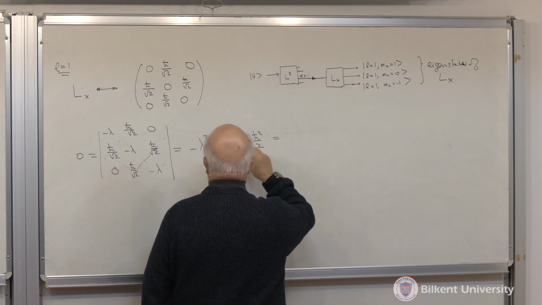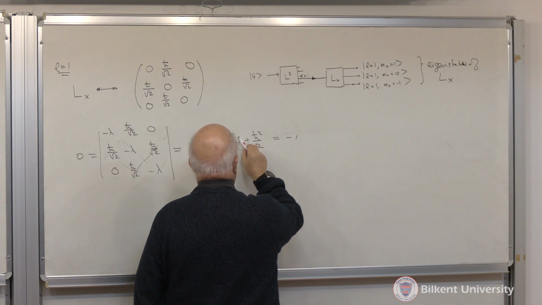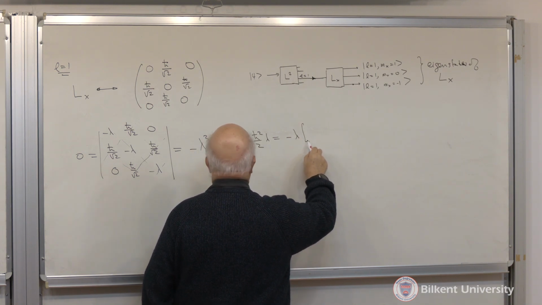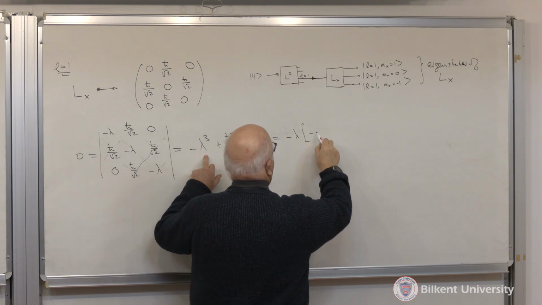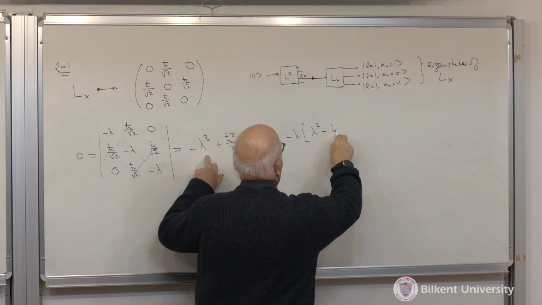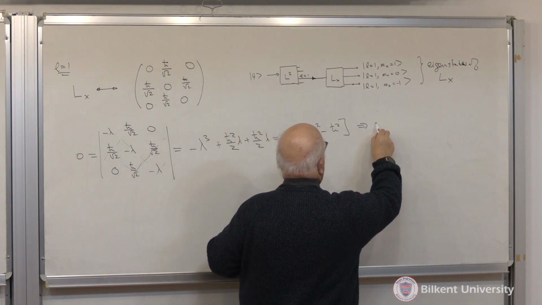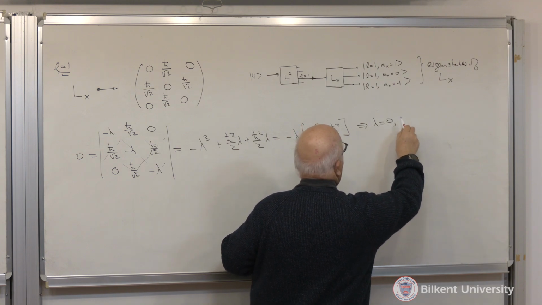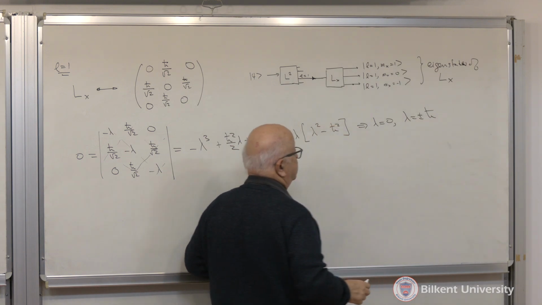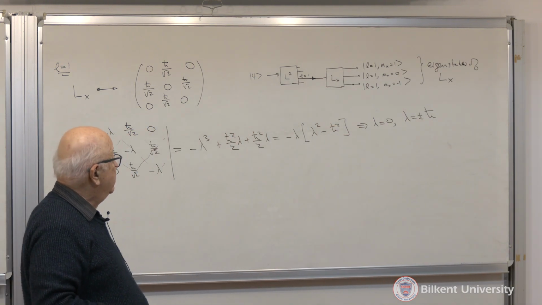If I factor out a minus lambda from all of this, I get minus or plus lambda squared minus h bar squared, which implies that lambda is equal to 0 or lambda equals plus or minus h bar. So that's exactly what I expect.